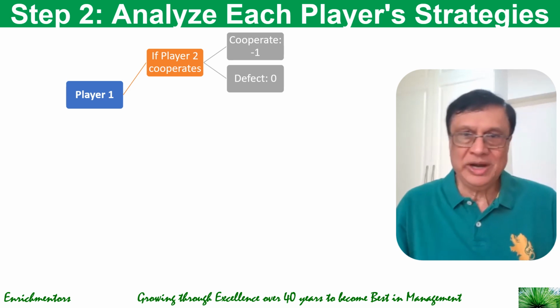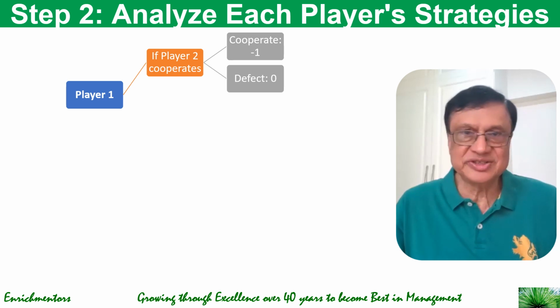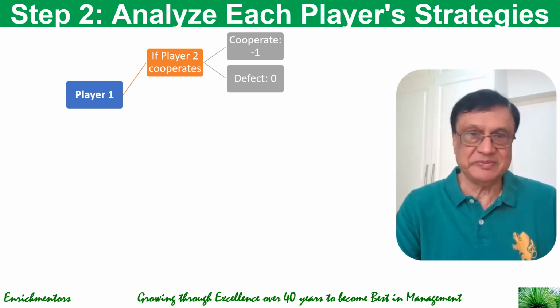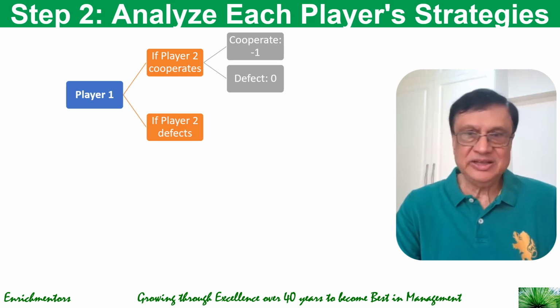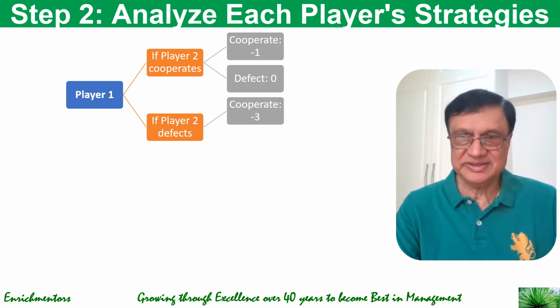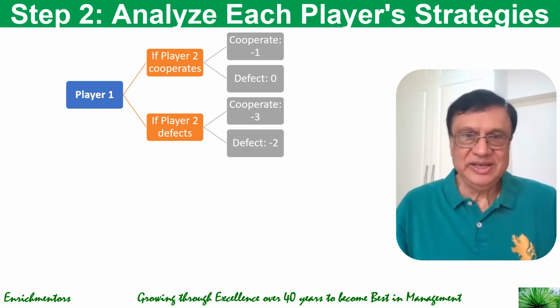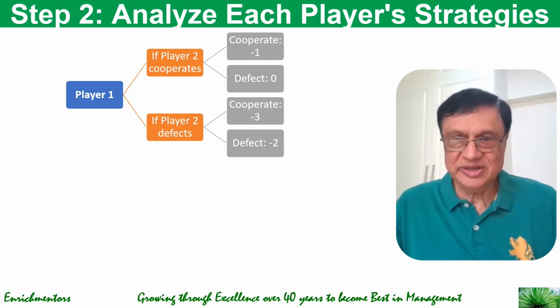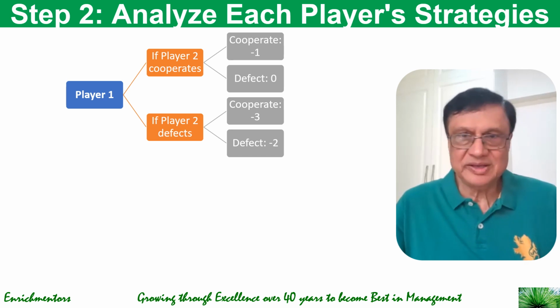If player 1 defects, he goes scot-free, he gets zero imprisonment. And if player 2 defects, then player 1 can cooperate, getting -3 years of imprisonment, and if he also defects, he gets 2 years of imprisonment. So that's how it happens for player 1.